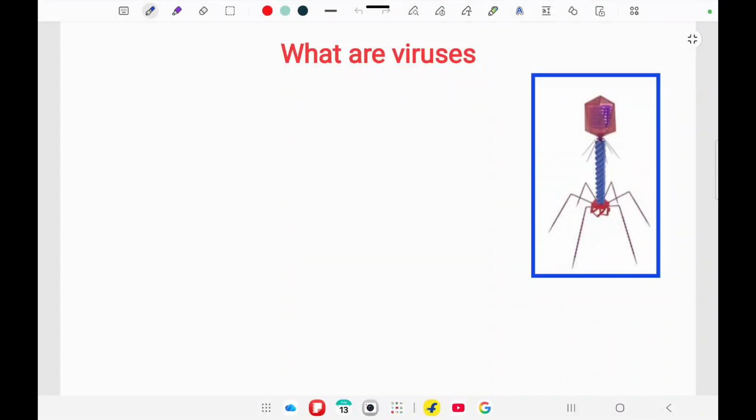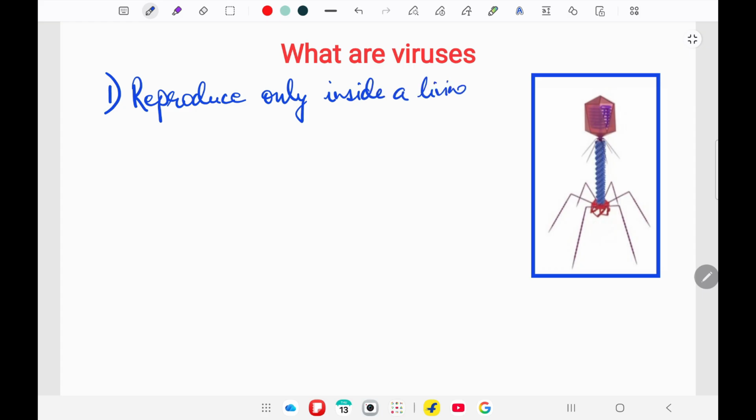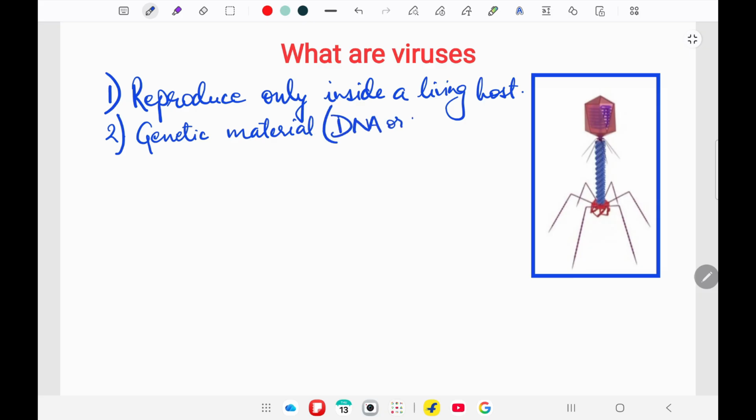They are unlike the bacteria. A virus is a very tiny infectious agent that can reproduce only inside a living host. It is made mainly of the genetic material, that is DNA or RNA, surrounded by a protein coat.